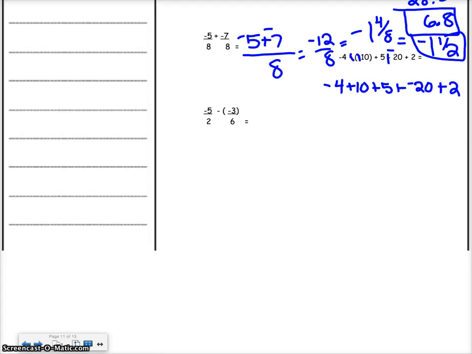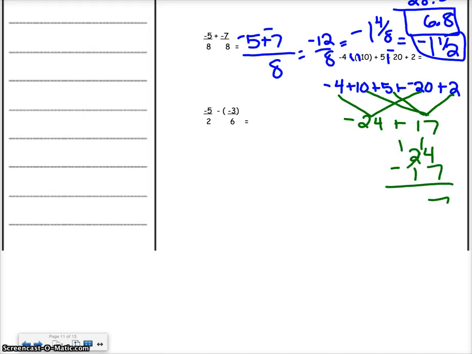Now I can group. I'm grouping my negatives. That's a negative 24. I'm grouping my positives. What's that? 15, 17. They're different signs, so I subtract. And I have more negatives.